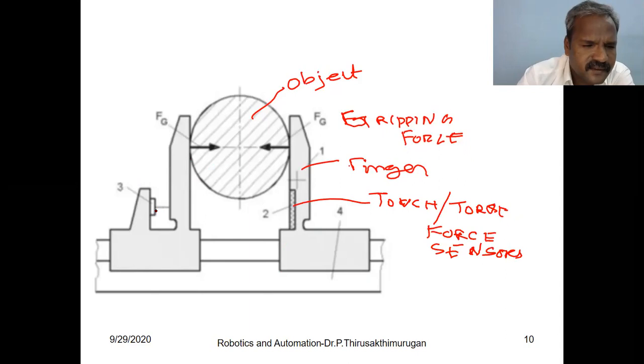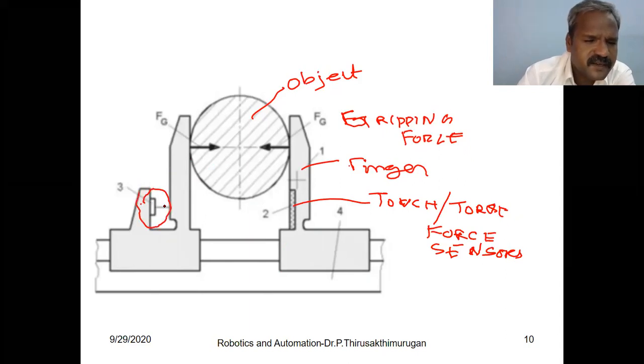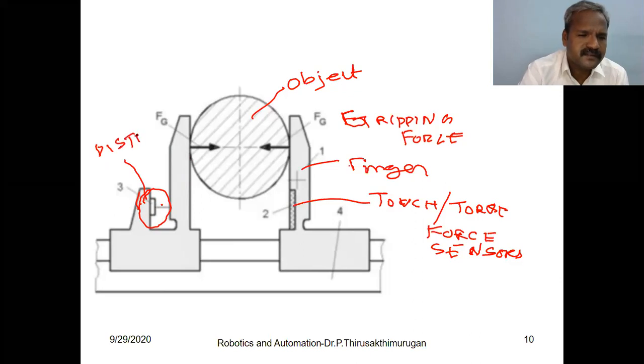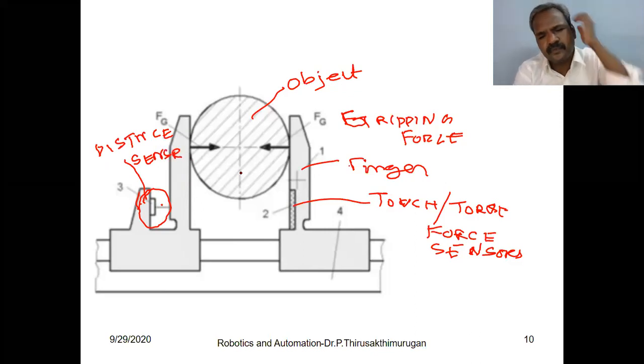This 3 is the distance measuring sensor. There are techniques used in distance measuring sensors: the triangulation technique and the reflection of beam technique. So what are the various types of sensors employed in grippers?